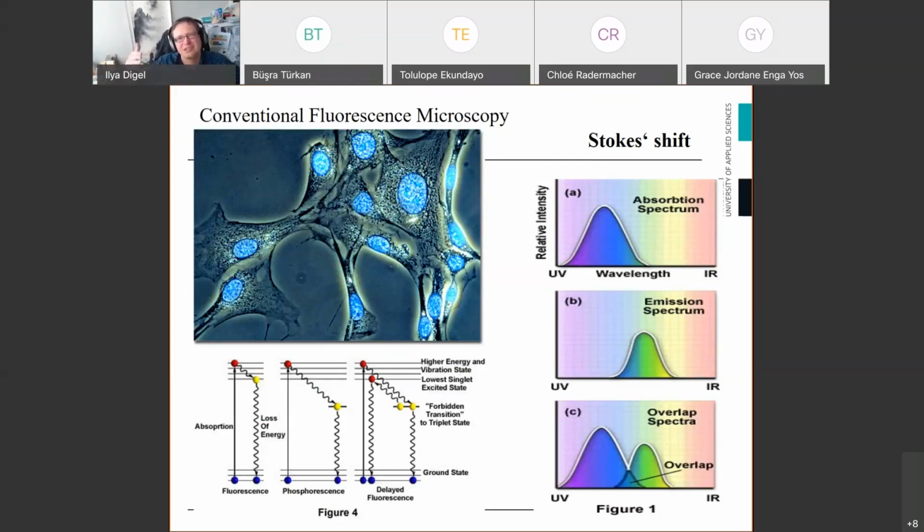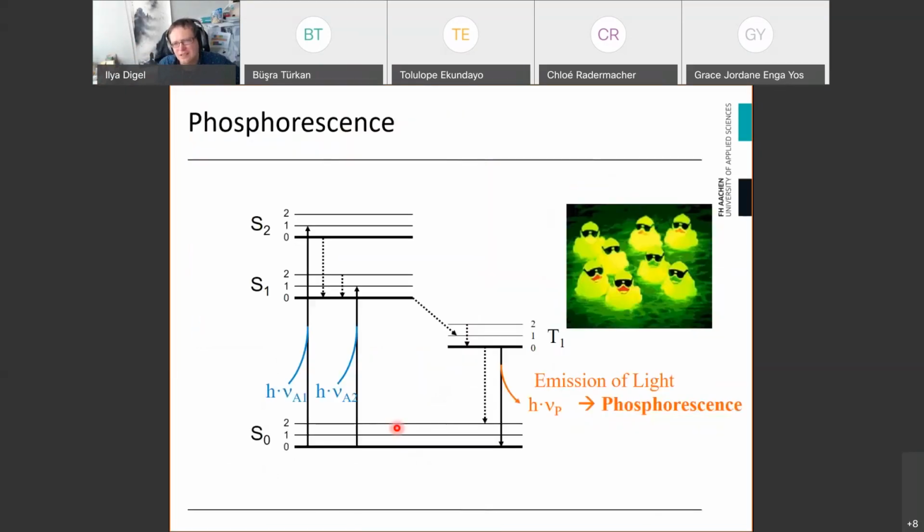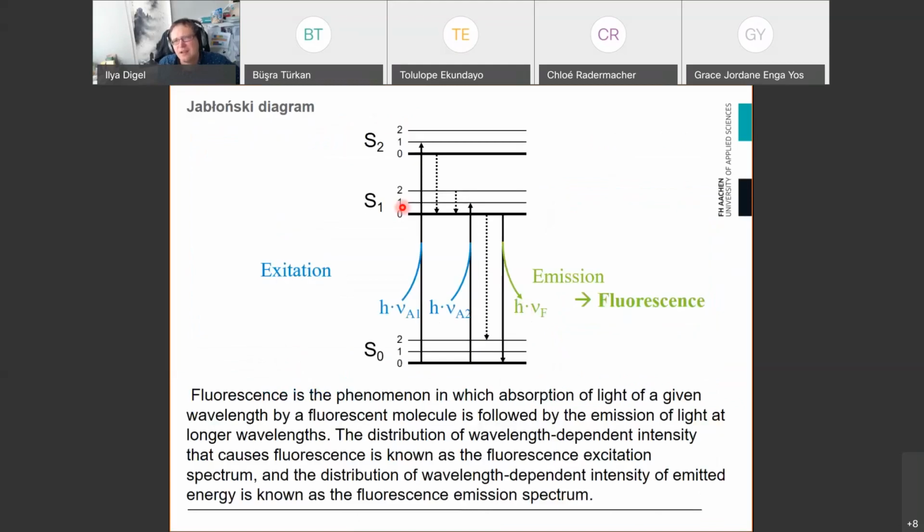Because if you excite at red, your system will produce infrared. So it will always be shifted towards longer wavelengths. The reason for this is quite simple, actually. Let me come back to the Jablonski diagram. As you excite your system, you put some energy into it.